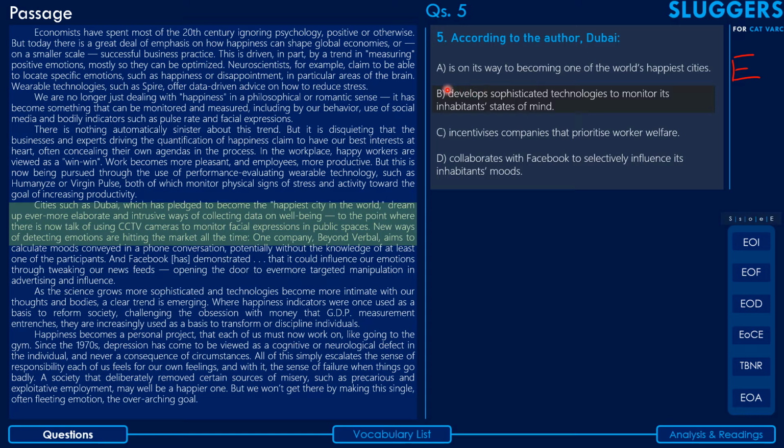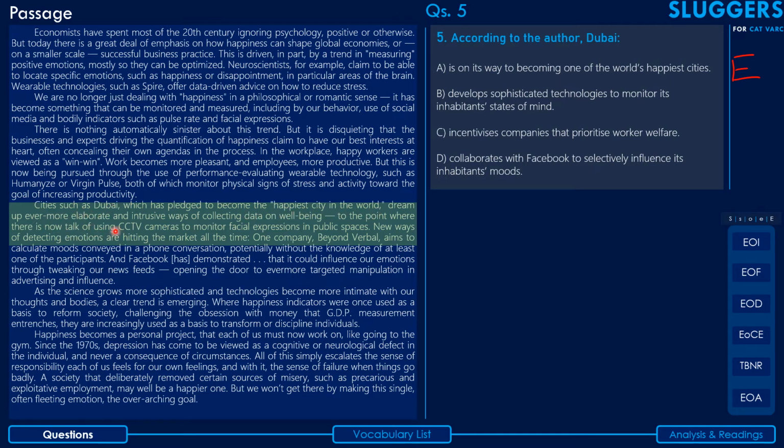According to the author, Dubai develops sophisticated technologies to monitor its inhabitants' state of mind. That's right. That's absolutely true. The point of reference clearly exemplifies this idea, right? Let's just read this. See, has pledged to become the happiest city in the world.